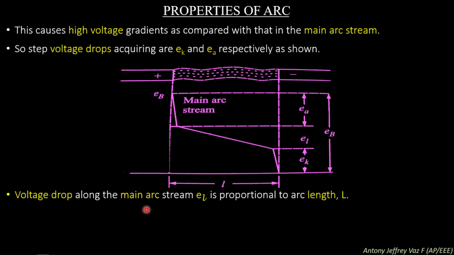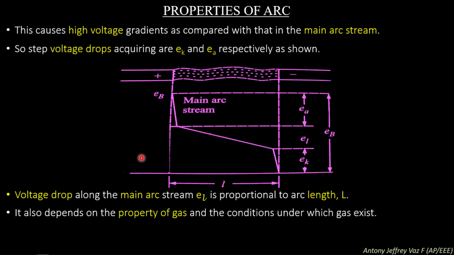The voltage drop along the main arc stream EL is proportional to the length L of the medium. This is the separation length L of the medium in which the arc is formed. So the voltage drop EL depends on the length of separation of the two contact plates in the circuit breaker. It also depends on the property of the gas and the condition under which the gas exists.